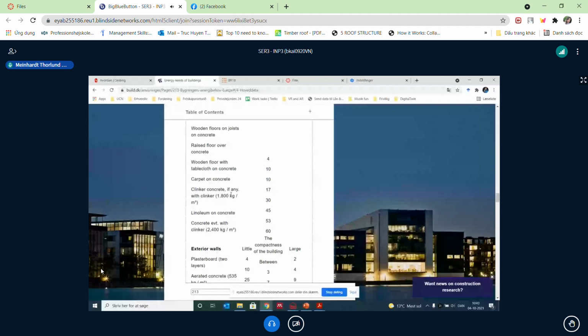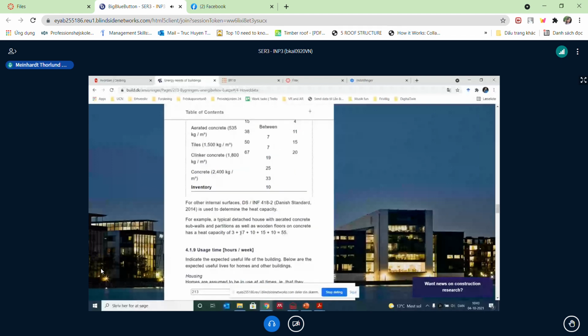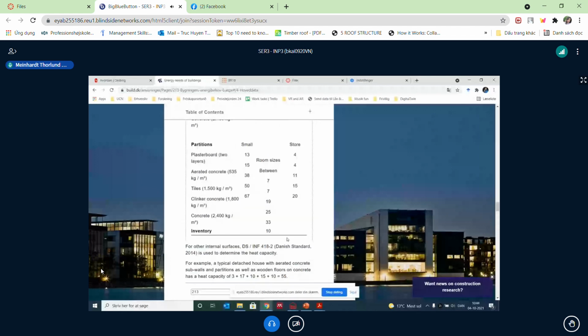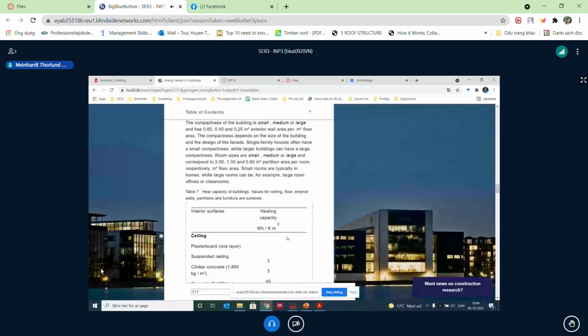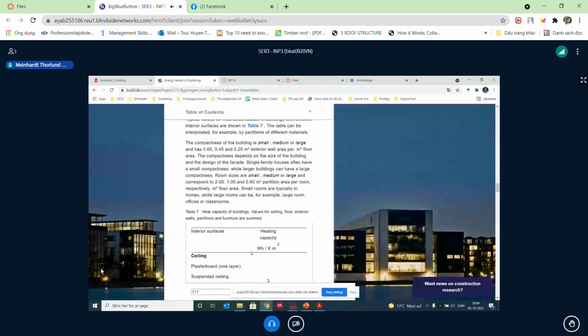If we have this example, it would be 17, and etc. So basically, adding all those numbers together, the result will be 55. So basically, that will be what we'll put in. In other words, the heat capacity of the building will be 55 watts per hour per Kelvin per square meter. Okay.